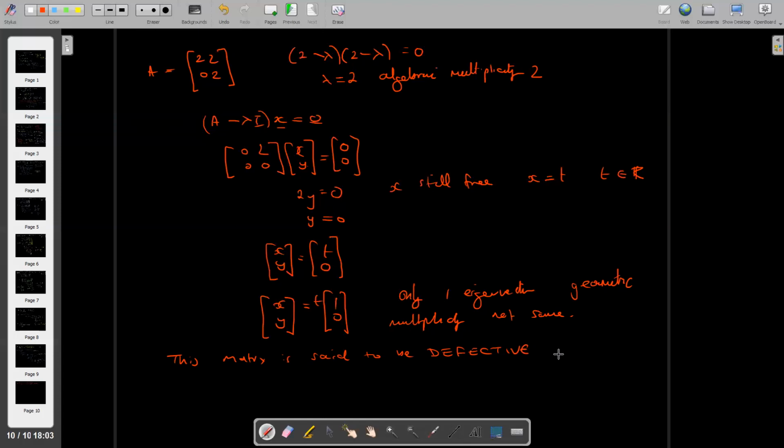We can't form the matrix P, and so we can't diagonalize. If we try to form P, we'd end up with [1, 1; 0, 0], and how are we going to factor the things out from there? It's going to fail, isn't it? So we can't form P, so this doesn't diagonalize.